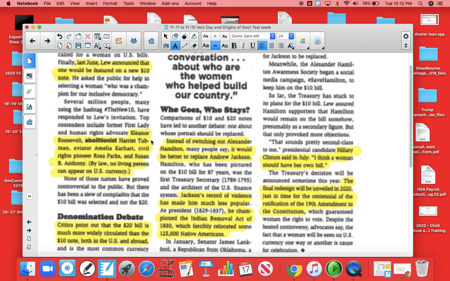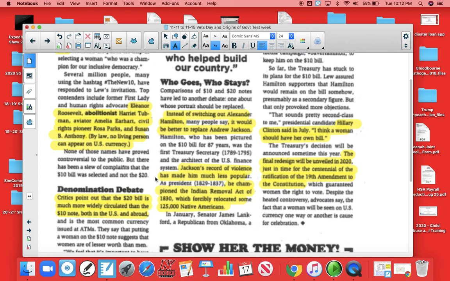Who goes, who stays? Comparisons of $10 and $20 notes have led to another debate, one about whose portrait should be replaced. Instead of switching out Alexander Hamilton, many people say it would be better to replace Andrew Jackson. Hamilton, who has been pictured on the $10 bill for 87 years, was the first Secretary of the Treasury and the architect of the U.S. finance system. Jackson's record of violence has made him less popular.